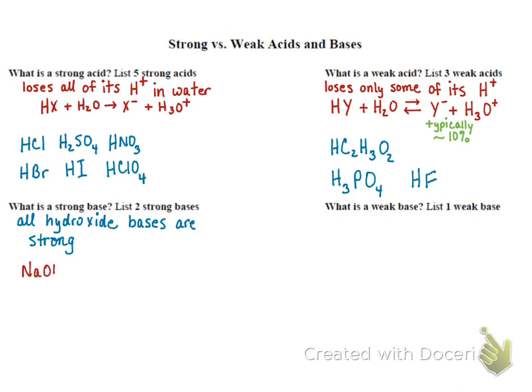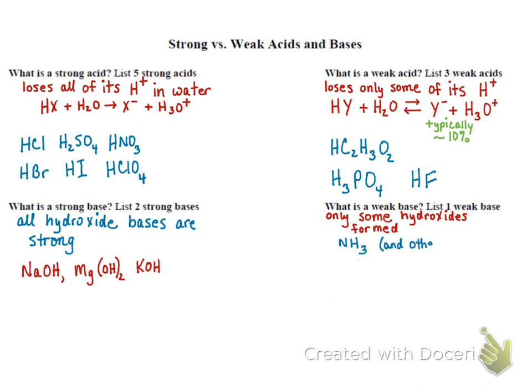Bases, we don't talk a lot about the difference between strong and weak bases, so I'm not going to draw reactions with it, but hydroxide bases are strong bases, which means everything that dissolves, if it dissolves, all the hydroxides come off and they are strong. Keep in mind that some hydroxides are not very soluble, but whatever is soluble is strong.